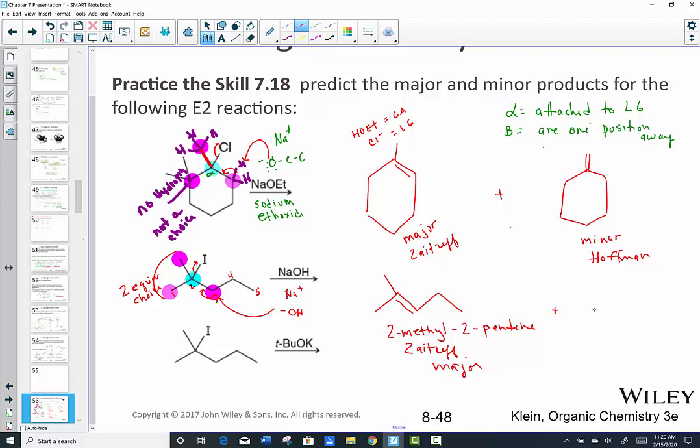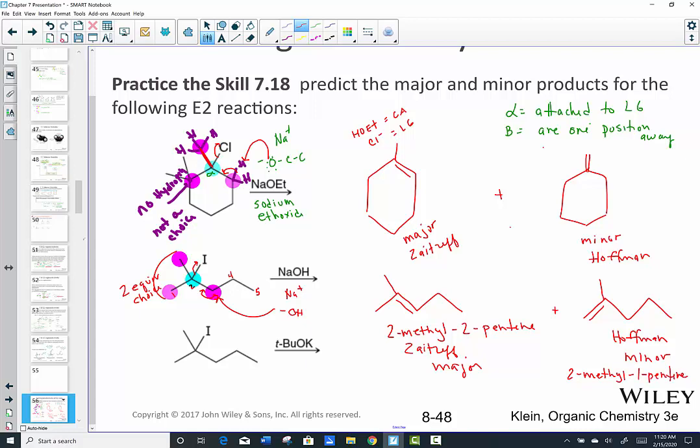But we could have also formed 1, 2, 3, 4, 5. We could have formed the double bond between carbon 1 and 2, and that would have been the Hofmann product, the least substituted, and that would have been the minor. And that would have a name of 2-methyl-1-pentene.